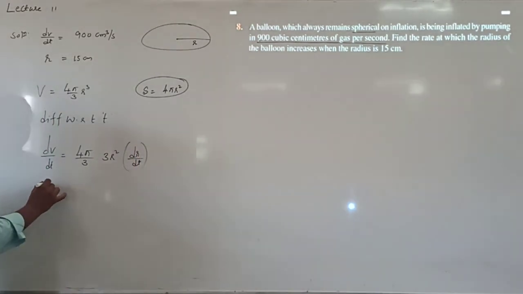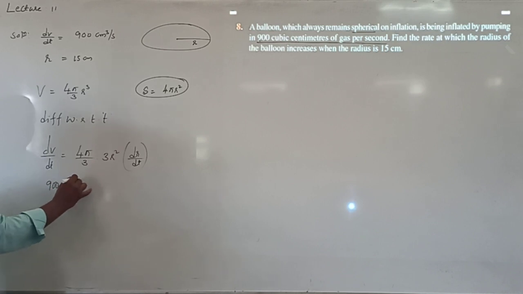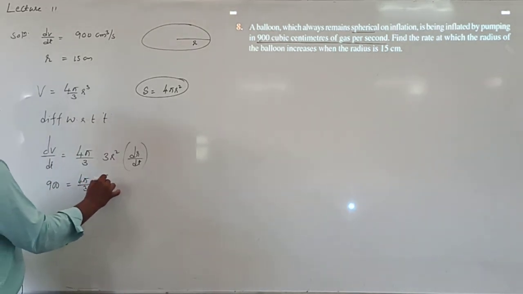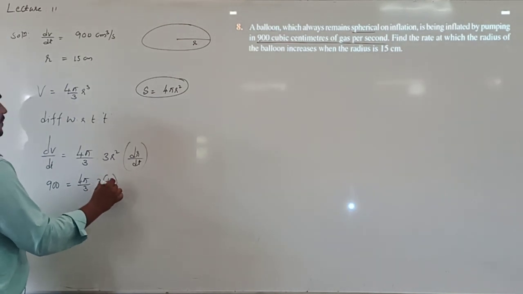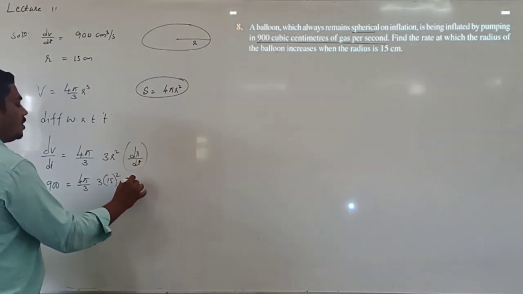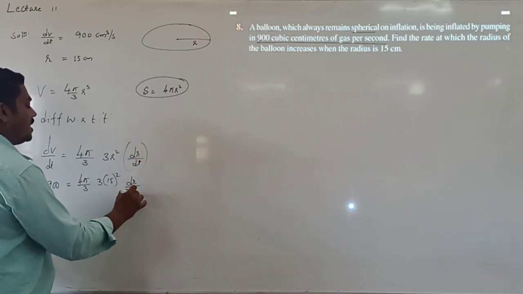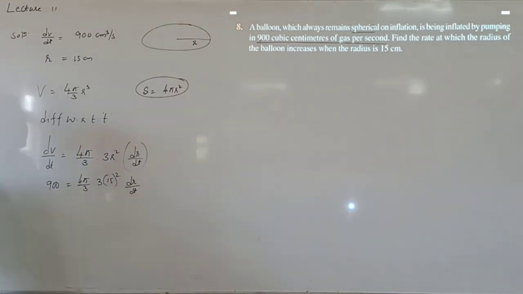Now dV by dt is given, that is 900. 4 pi by 3 into 3 into r square, that is 15 whole square, into dr by dt. We don't know the value of dr by dt. Now 3 gets cancelled.